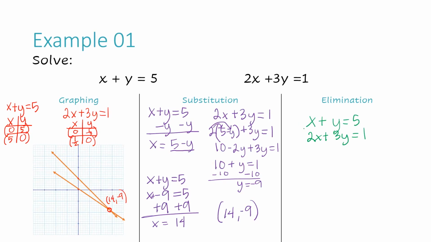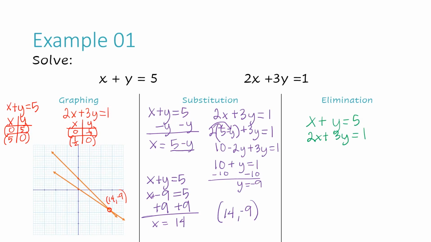Or I could make this one a 2x and make this one a negative 2x. Or it could be an infinite amount of variations, but the thing is they must have the same numerical value but opposite signs. One needs to be positive and one needs to be negative. And however you want to do that is fine.